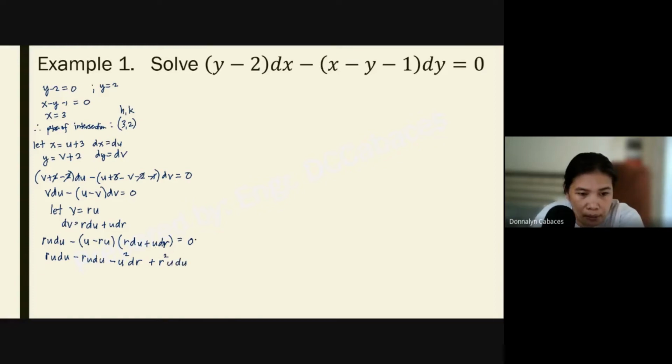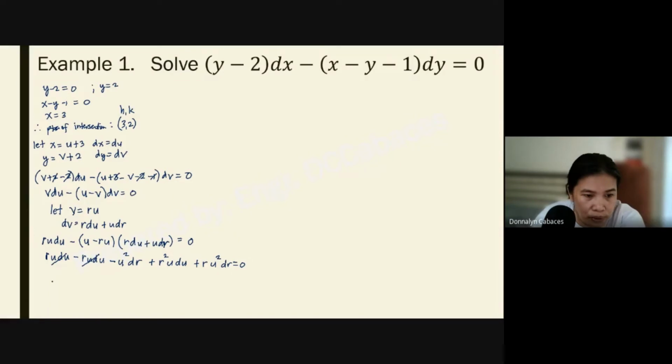Then the next is plus r u squared dr equals 0. Simplifying ru du minus ru du.